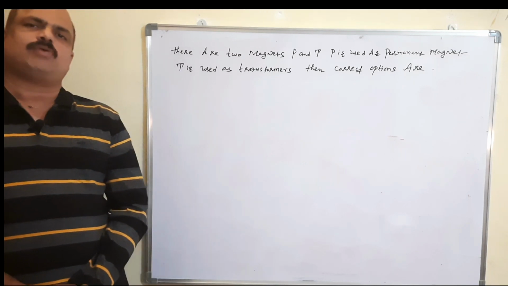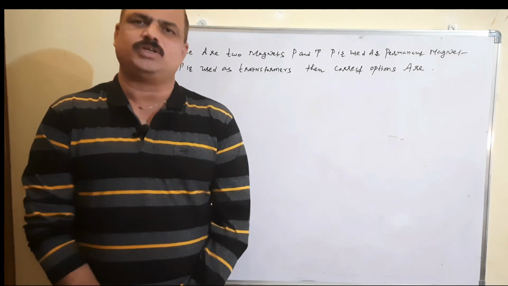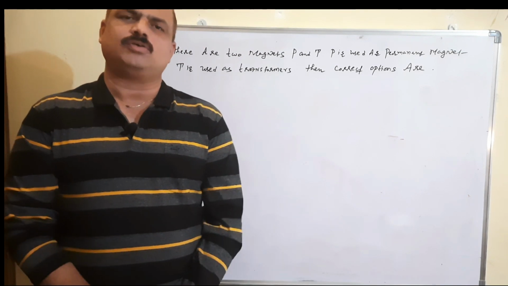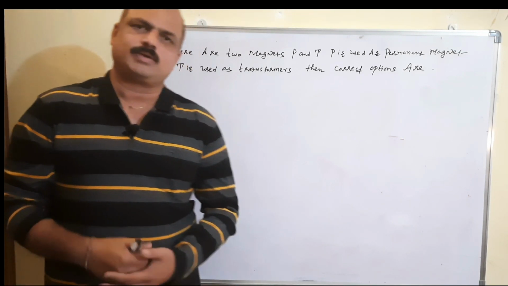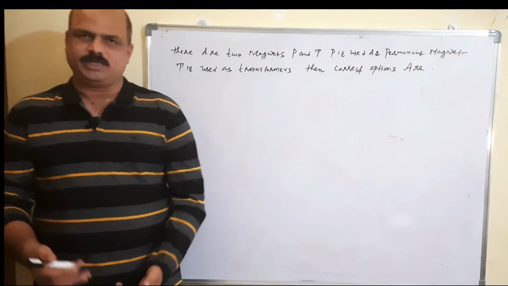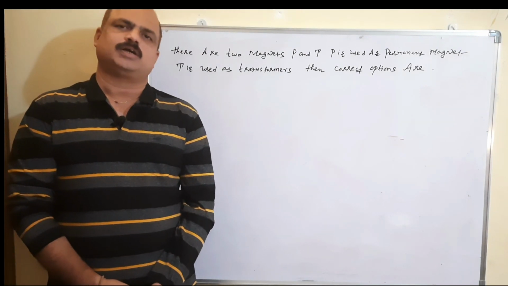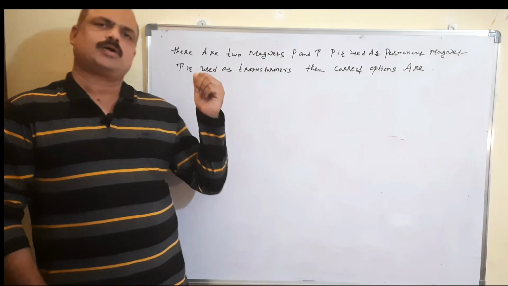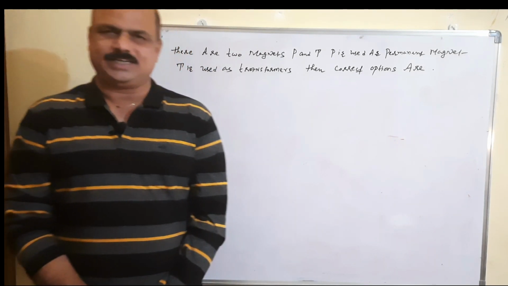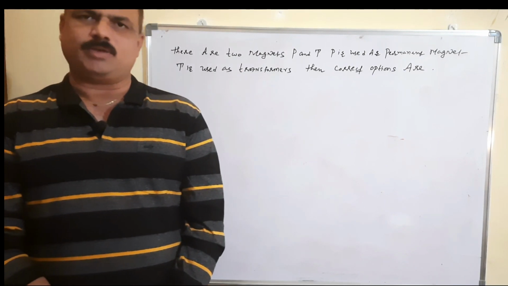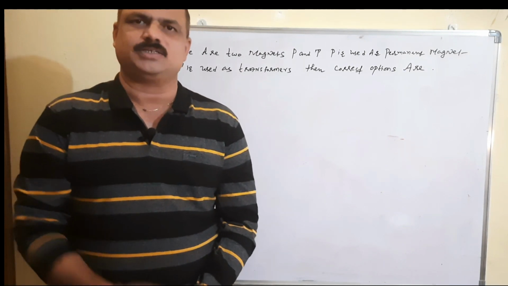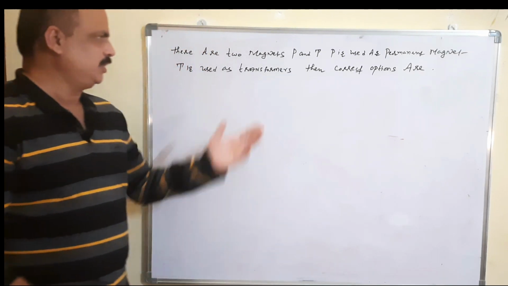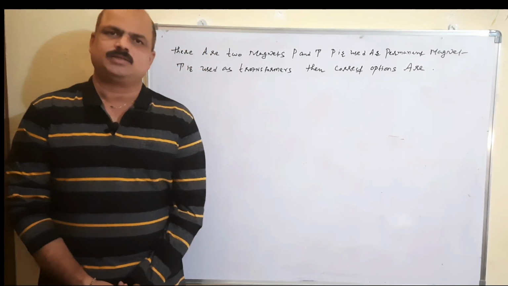Do you know what retentivity and coercivity are? Even when H is equal to 0, the residual magnetism in the material is called retentivity. The value of H required to remove the magnetism in the magnet is called coercivity. That is nothing but coercivity and retentivity.